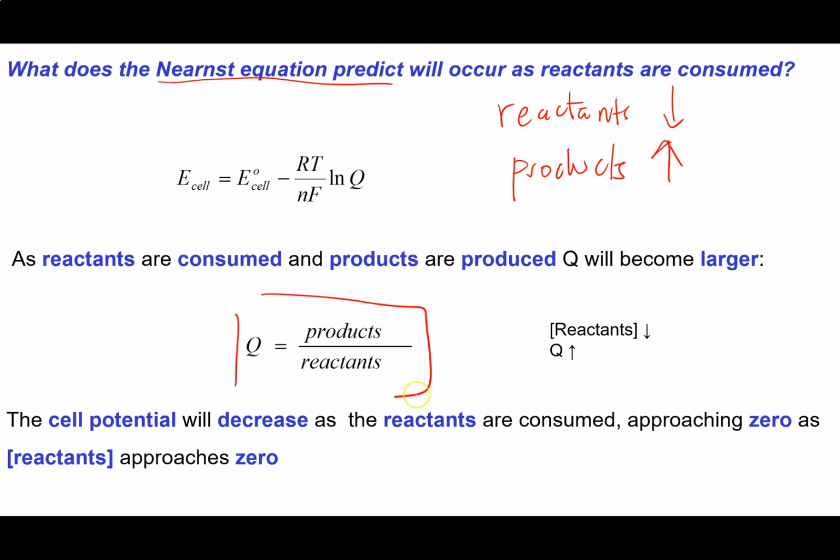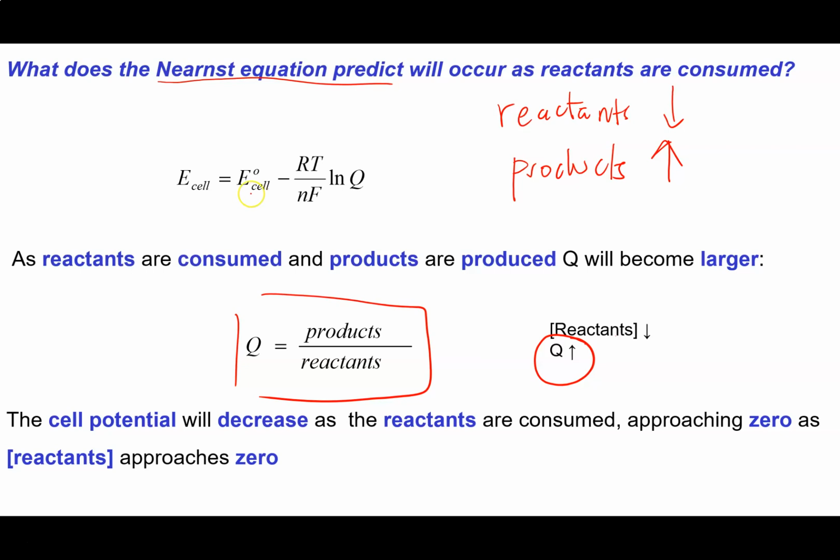Now, Q, of course, is computed by taking our product concentrations and dividing them by our reactant concentrations. So our reactant concentrations are going to decrease, our product concentration is going to increase, so as time progresses, we're going to be expecting that Q will get bigger and bigger.